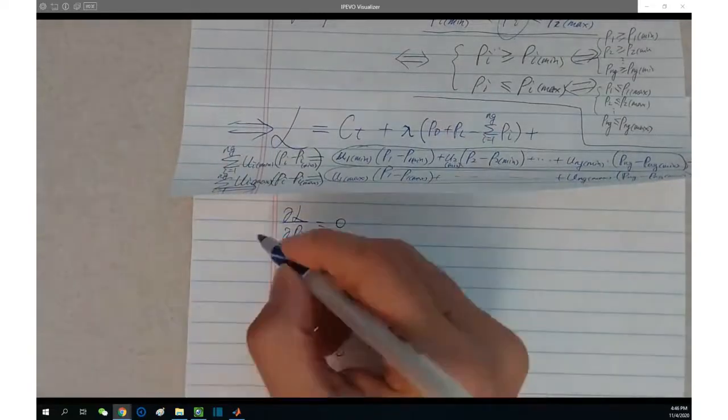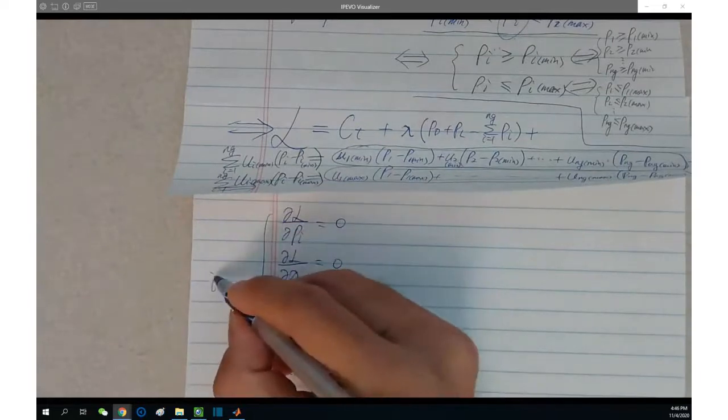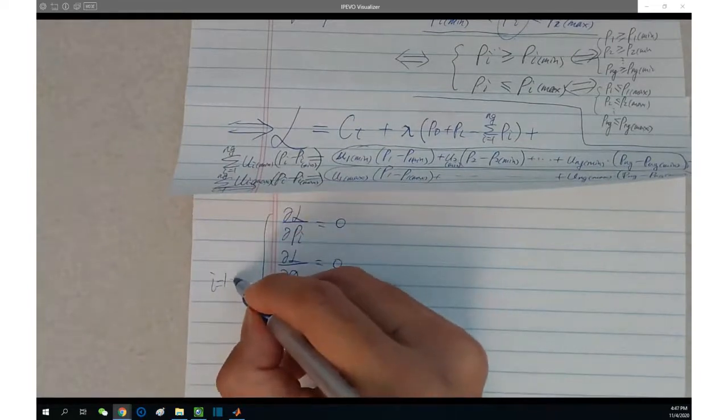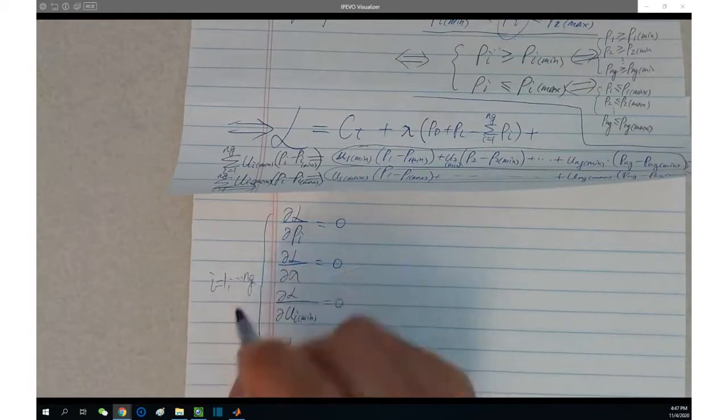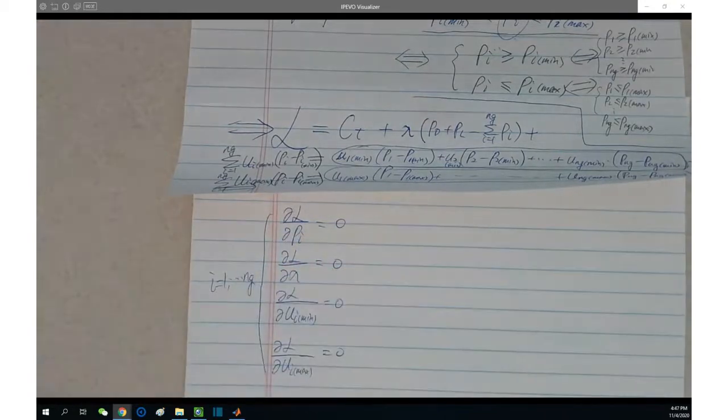Of course, for all of them, I equals 1 through NG. This is what we do.